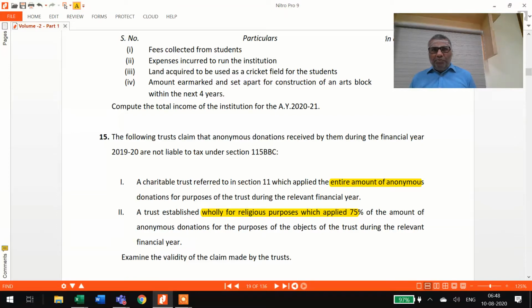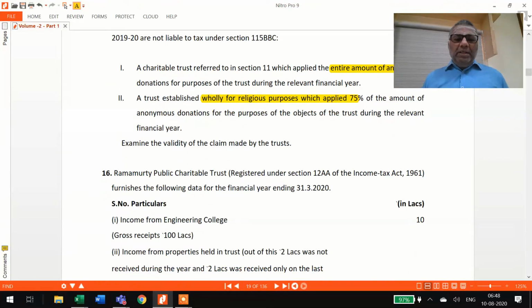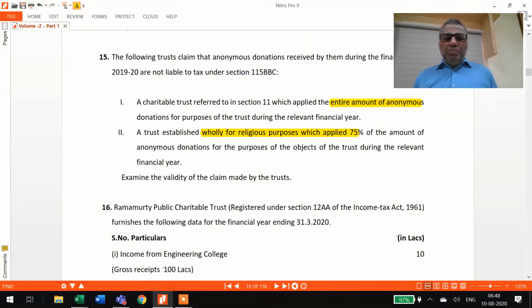85% of the income or receipt should be utilized, whereas only 75% is utilized.